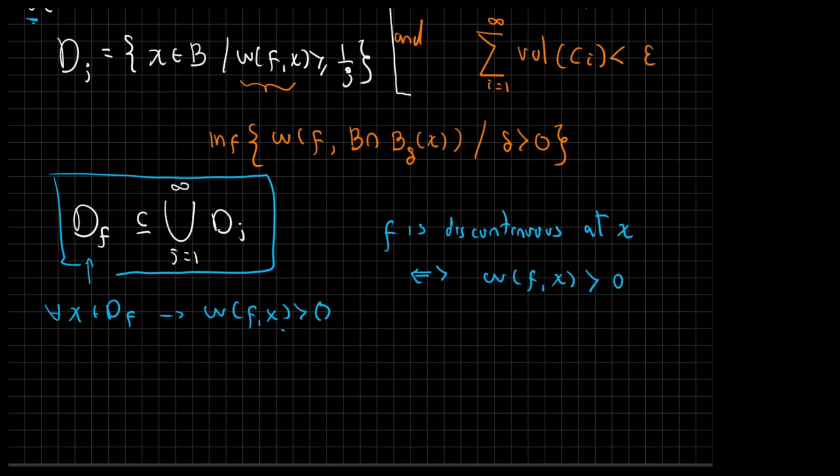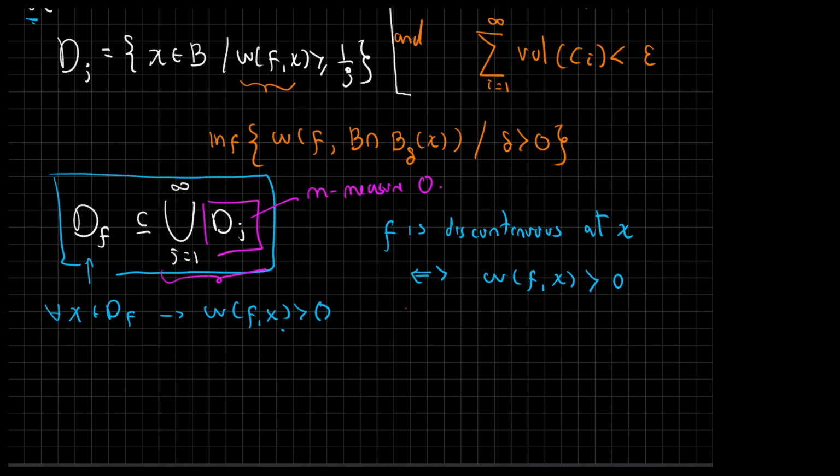And then if we prove that each of these sets has measure 0, then this whole union will also have measure 0.